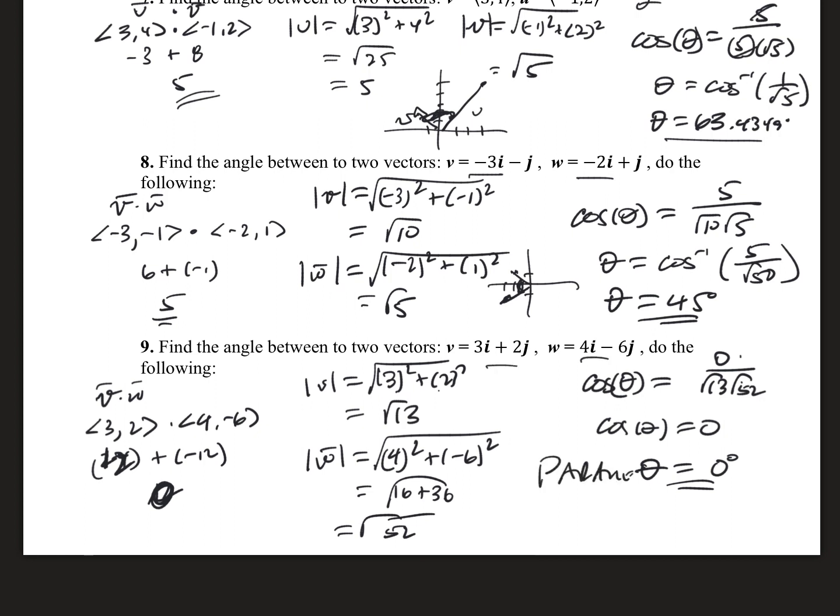It's 90 degrees. The cosine of theta is 0 if theta is equal to 90 degrees.